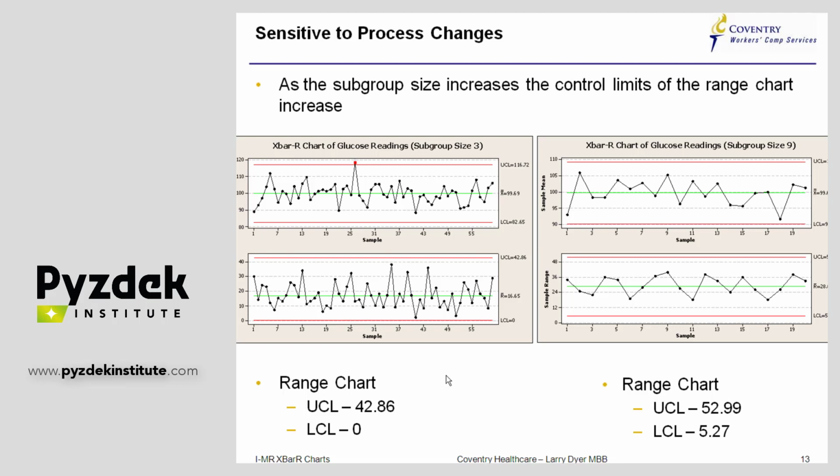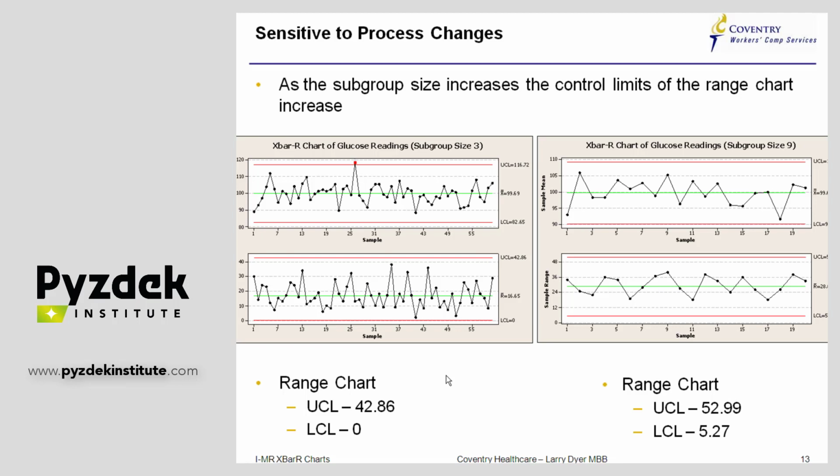Now you can see at the bottom I put the range in there for the upper and lower control limits on both of those, and you can see that the control limits on the subgroup of 3 chart are narrower than the control limits on the subgroup of 9 chart. So that means that there's better discrimination on the subgroup of 9 chart.